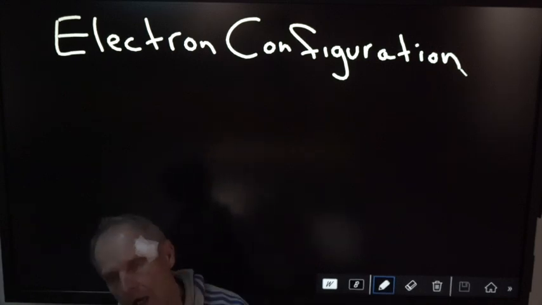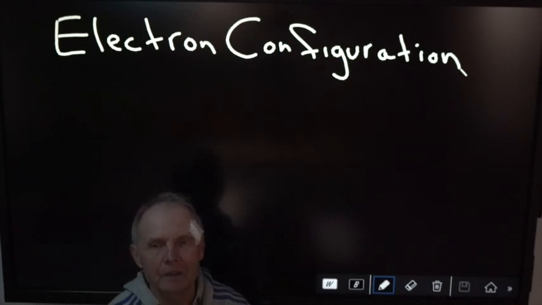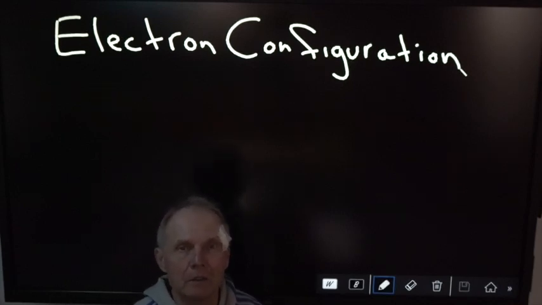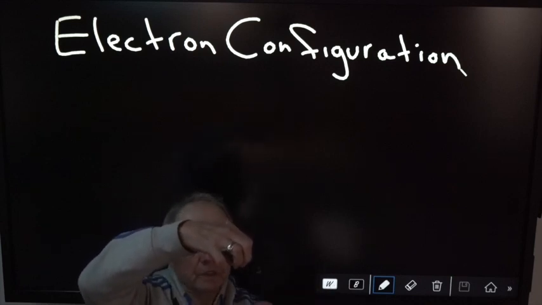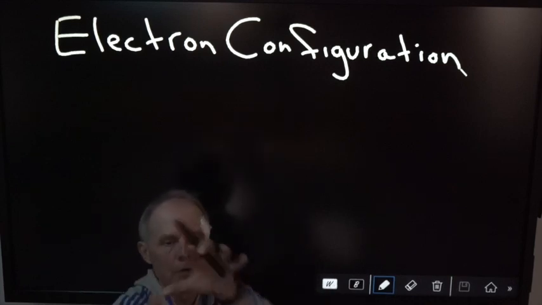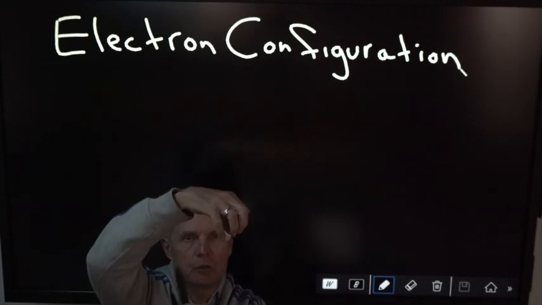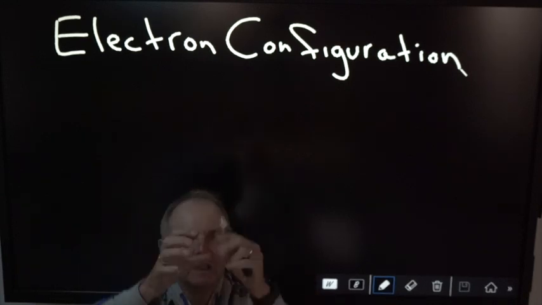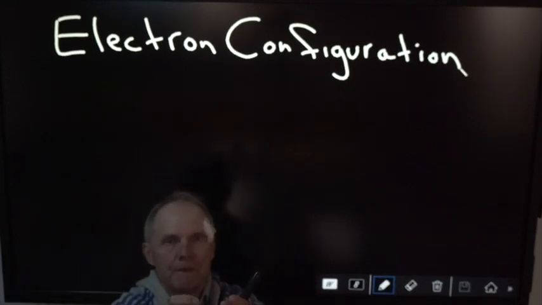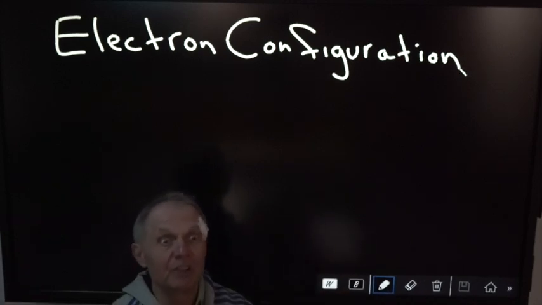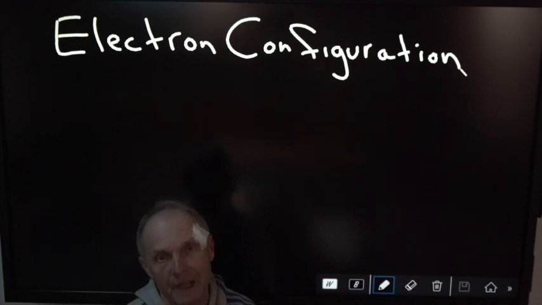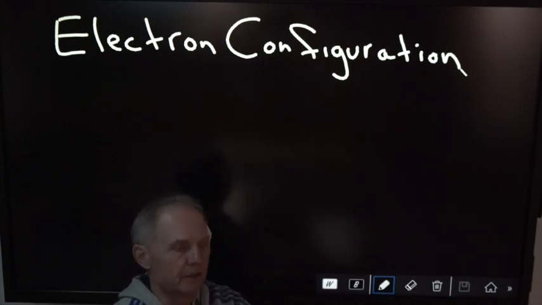And then later on, the modern model of the atom is, no, electrons aren't in orbits. They are in things called orbitals, and they don't have a single plane like the planets do. They go all around. So now we know there's a lot more going on than that. So here's an analogy.